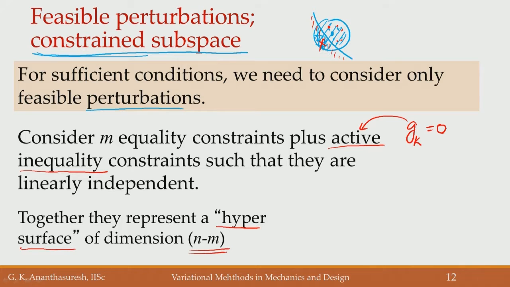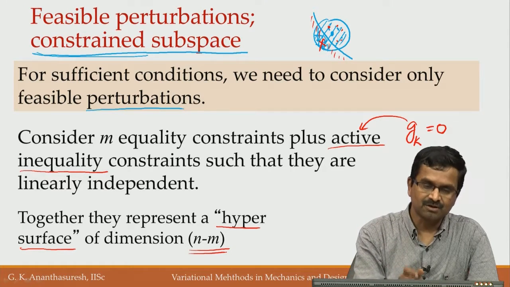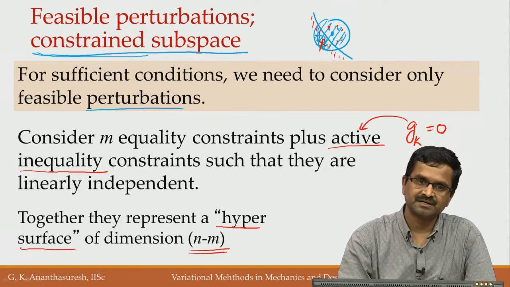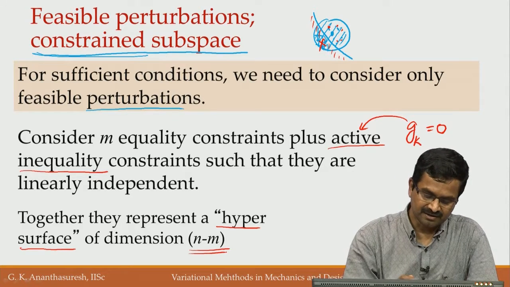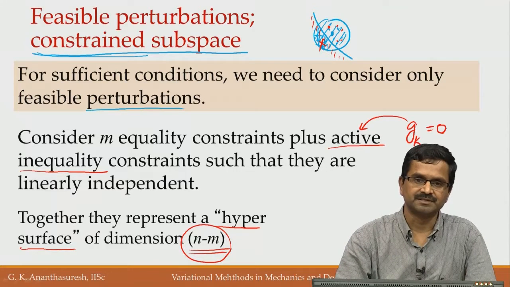So, the perturbations that we make will satisfy these constraints, and hence we will have freedom to choose only n minus m perturbations.